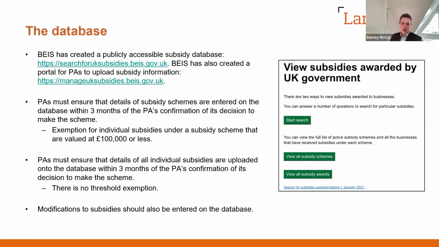The same time limit of 3 months applies, but there's no threshold exemption of 100 grand. So the details of all individual subsidy awards, save for some that are exempted in the legislation, must be uploaded onto the database. So the transparency obligations apply at a very low threshold, and that's very different from the previous regime under EU law.